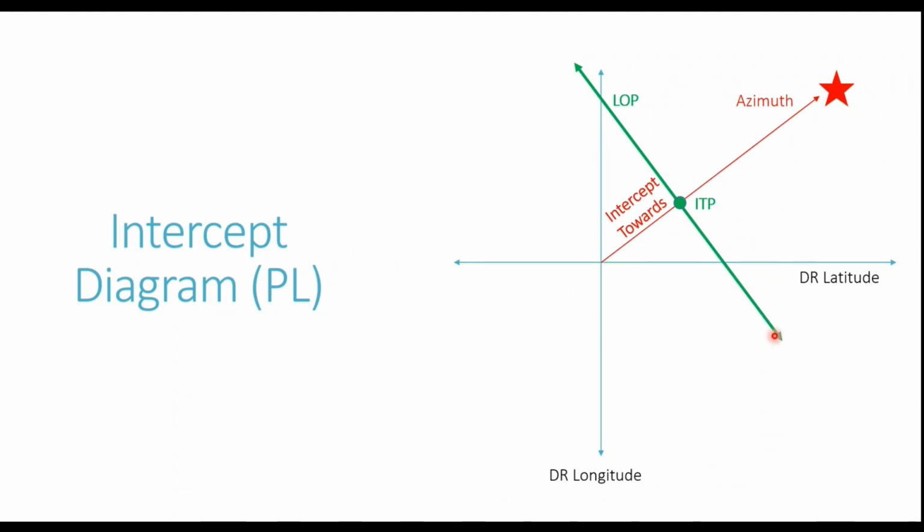Whenever we plot a position line on the chart or on our diagram, we always indicate it by making arrows on both sides, representing that this line is not confined to what has been drawn. It can be extended to both sides, and the vessel's position may lie anywhere on this extended line. So this is the intercept plot.